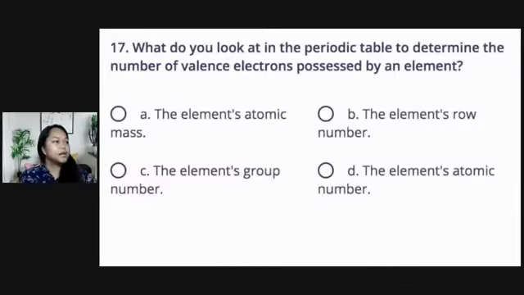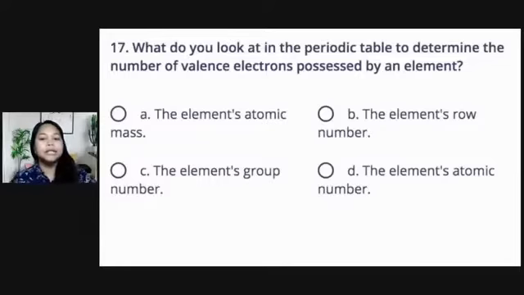Okay, what do you think is the correct choice for number 17? Number 17.